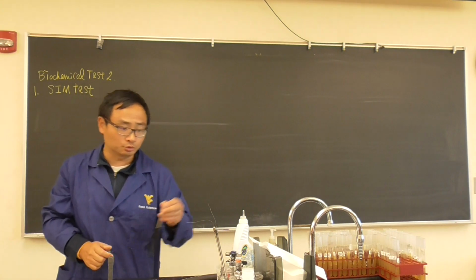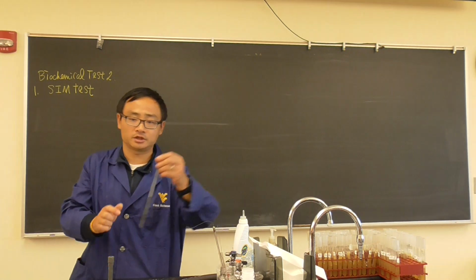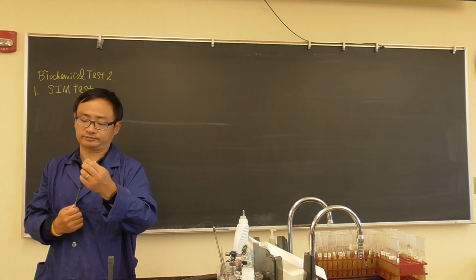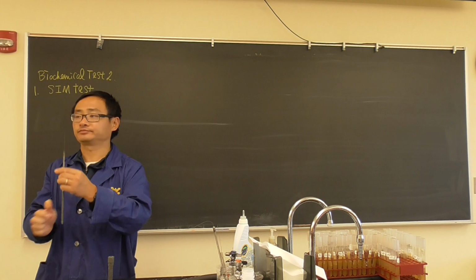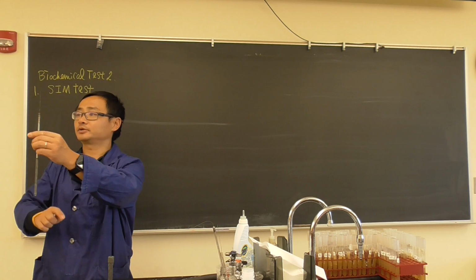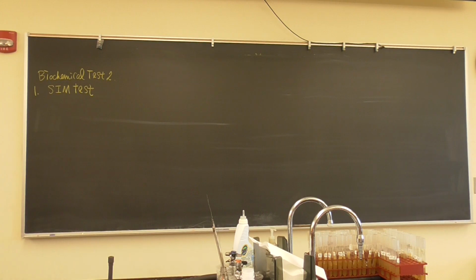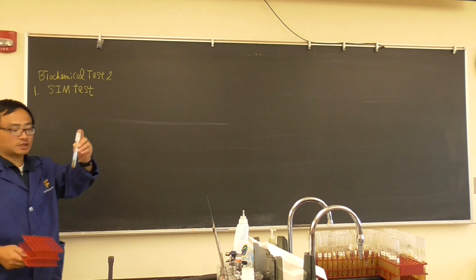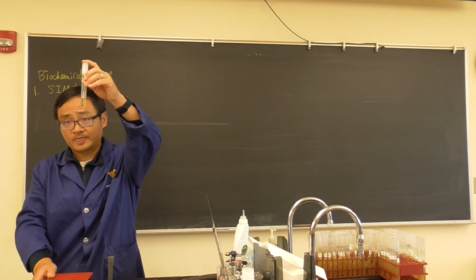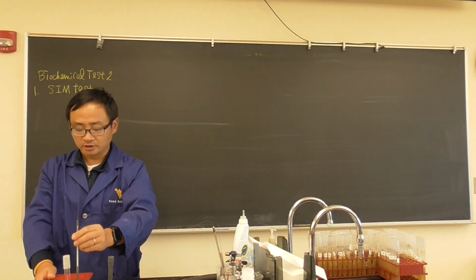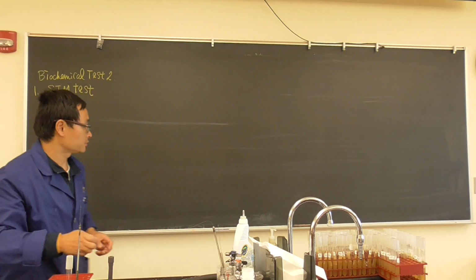Instead of using a loop, we will use a stab loop, which means there is no circle on the top. And we are not using a traditional medium. What we will use is a semi-solid medium. It's a little bit different. Number 1, stab inoculation. Number 2, semi-solid medium.